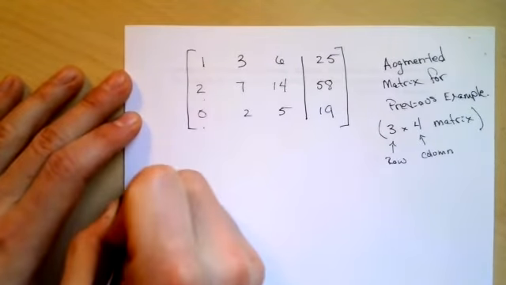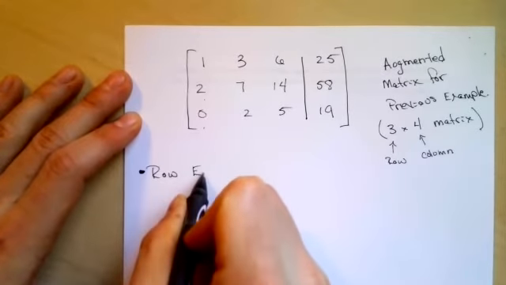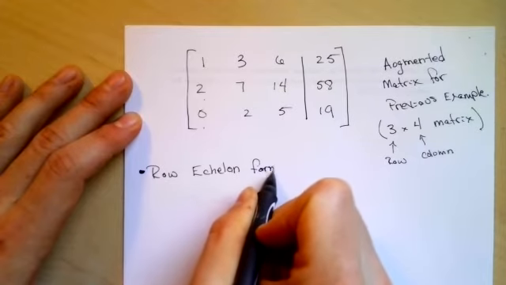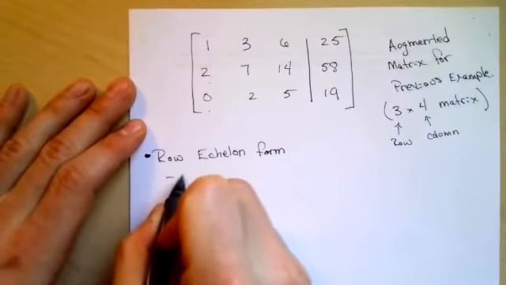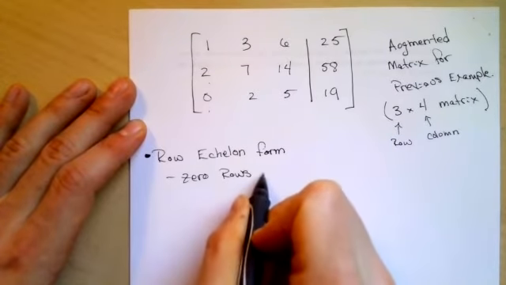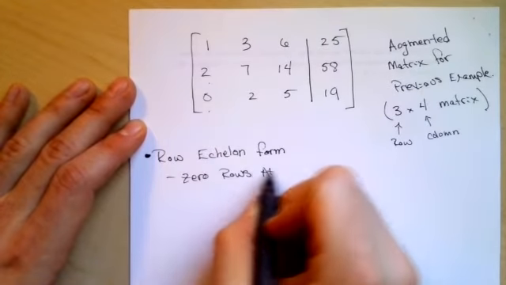Now, let's talk about row echelon form. Row echelon form has 3 properties. We're going to have 0 rows at the bottom. So any row that is entirely consisting of zeros is always going to be at the bottom.